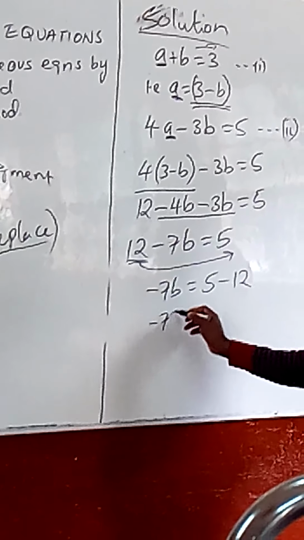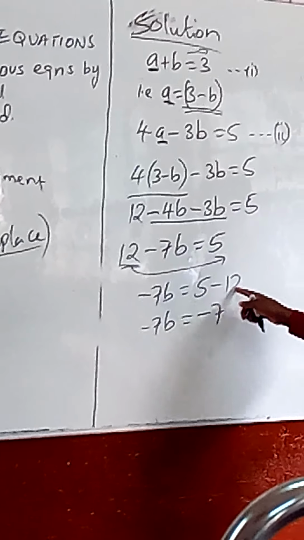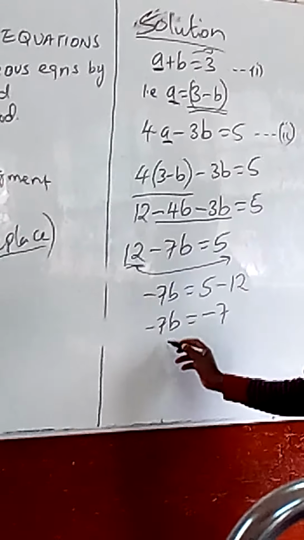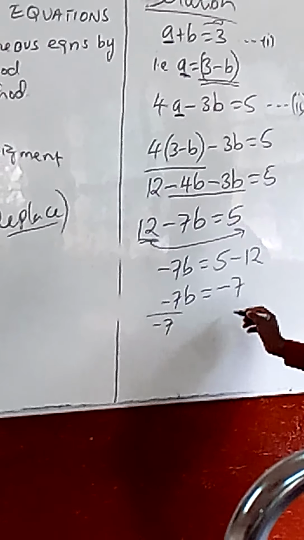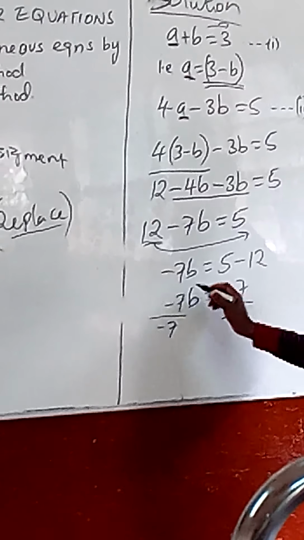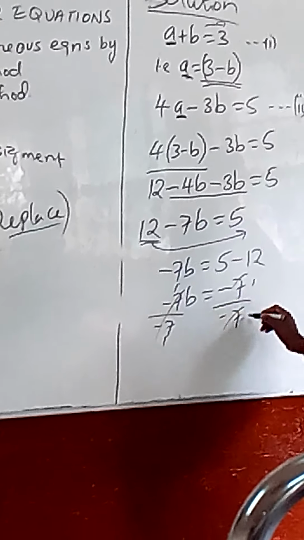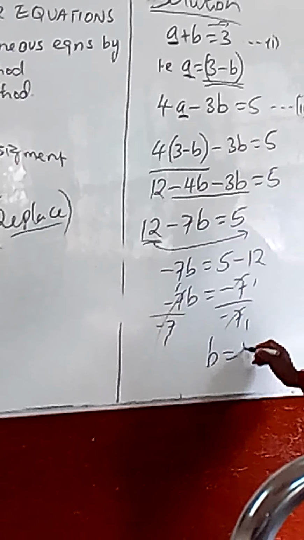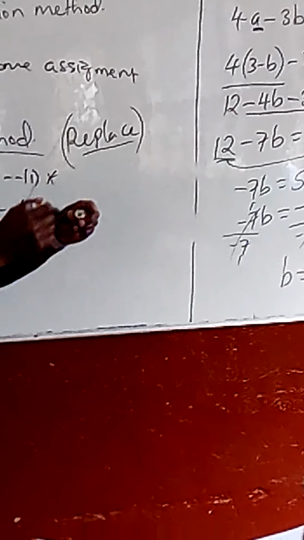So negative 7b is equal to negative 7, because 5 minus 12 is negative 7. We want to find the value of b, so divide by negative 7, divide by negative 7. So b is 1.